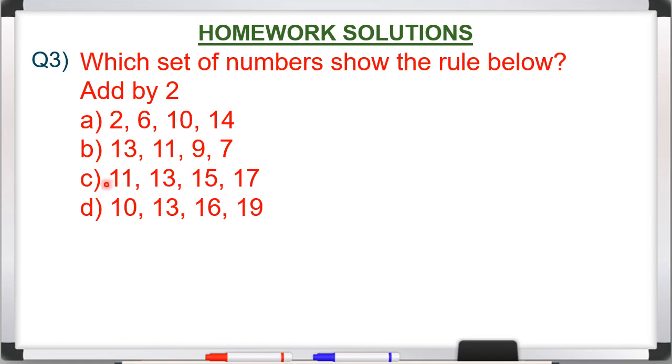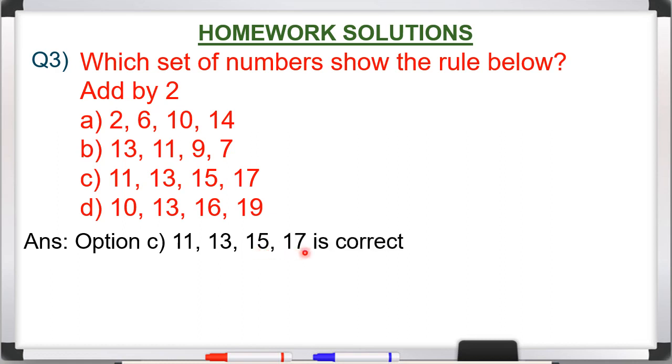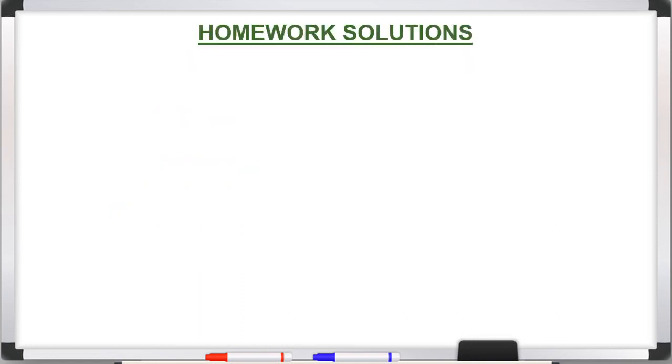How? 11 plus 2, 13, 13 plus 2, 15, 15 plus 2, 17. So which option is the correct? Option C is the correct. Answer option C 11, 13, 15, 17 is correct. Clear? In homework solutions, now we will discuss question number 4.